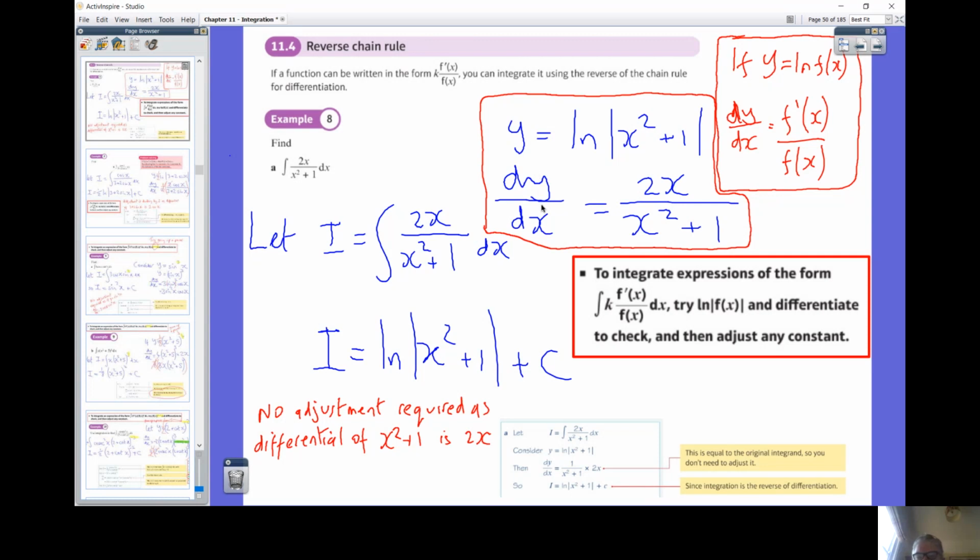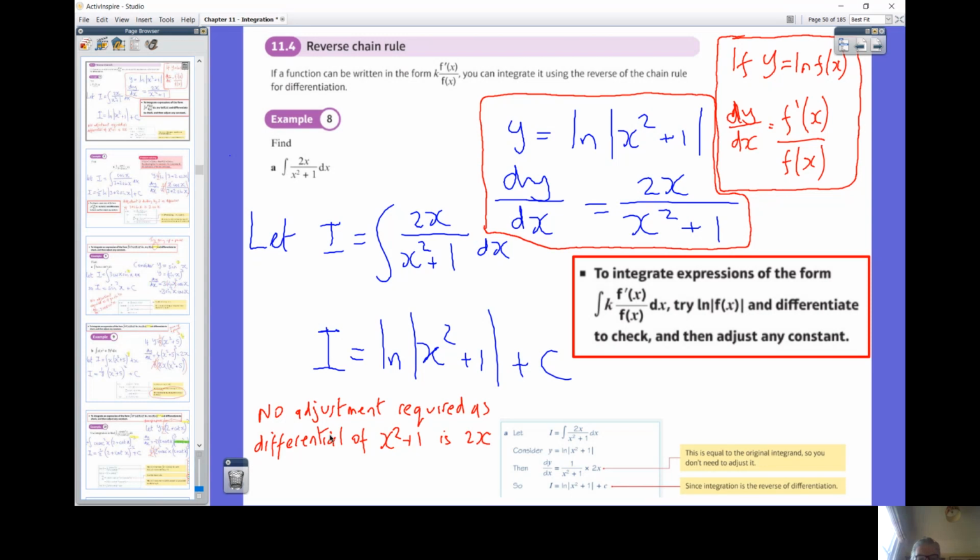The differential is the differential of x squared plus 1, which is 2x, divided by the function itself, x squared plus 1. So looking at example 8 part A, if we're integrating 2x over x squared plus 1, then clearly our integral is ln of x squared plus 1, plus c.